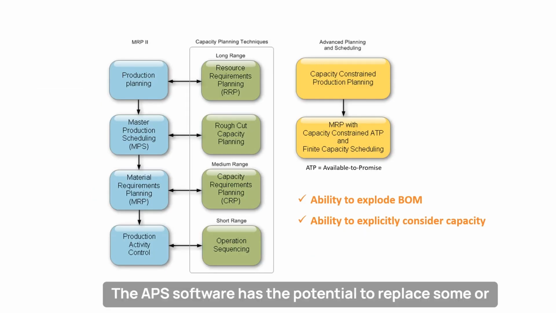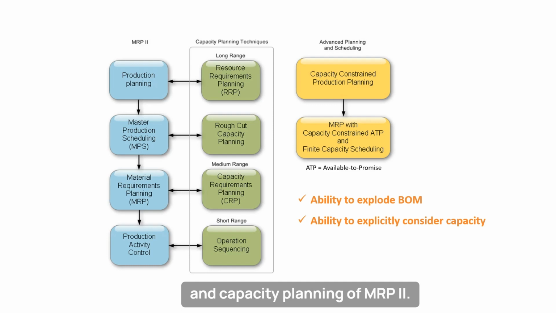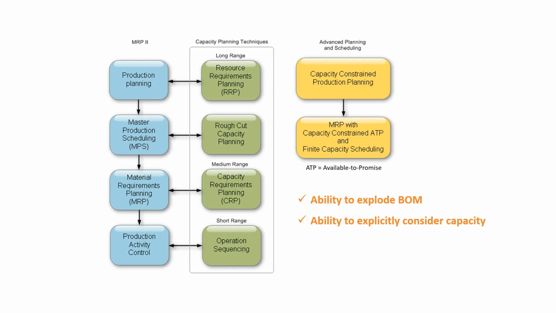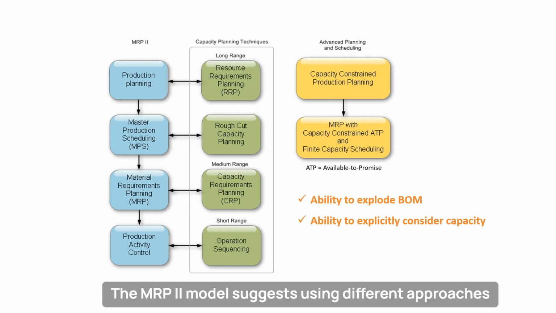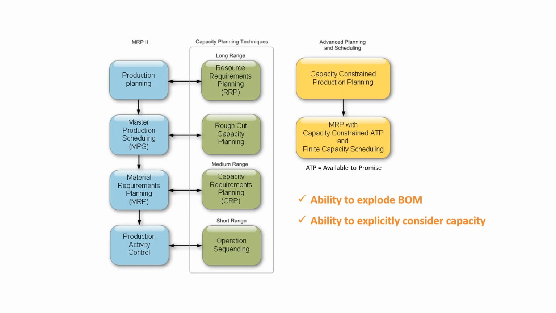The APS software has the potential to replace some or all of the traditional production planning, scheduling, and capacity planning of MRP2. The MRP2 model suggests using different approaches for planning and scheduling over various time horizons.